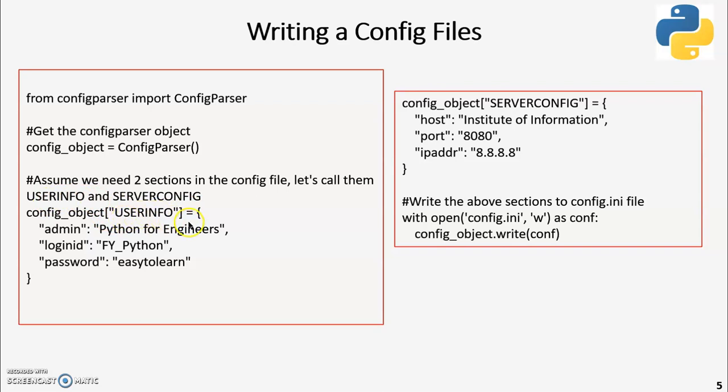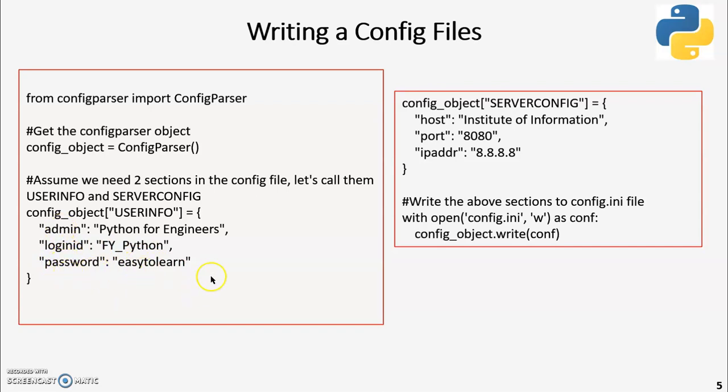And what all information do I have in it? I have to mention it with equal to and curly braces. Within the curly braces, I write admin with a colon and then write Python for Engineers or FY Python, easy to learn. These are my passwords.